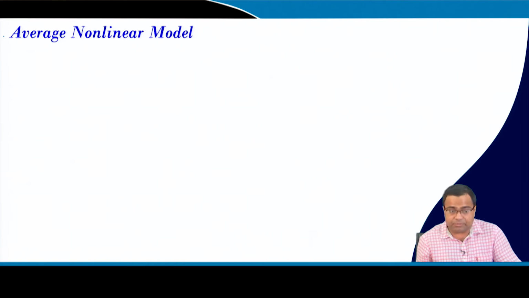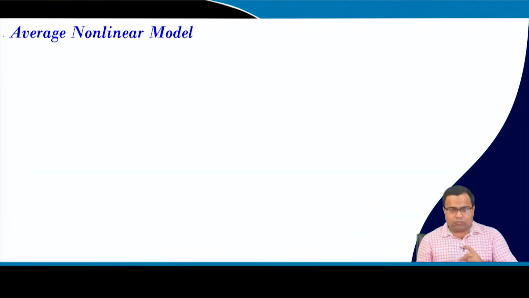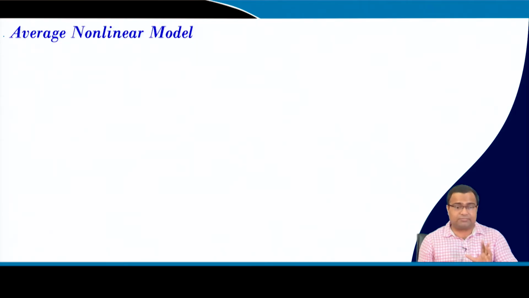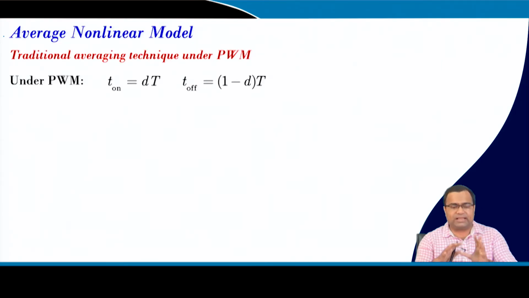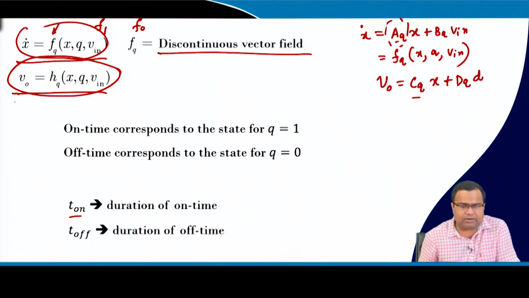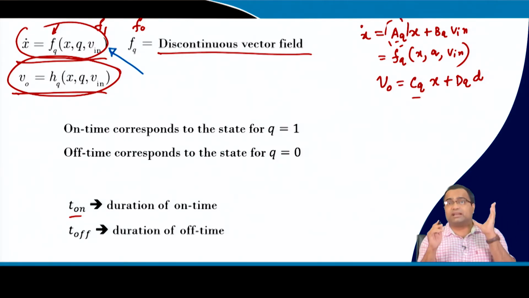So, now before we go for the average nonlinear model, whatever we discussed is that T on and T off, if we take a standard pulse width modulation, is a discontinuous vector field which includes switching dynamics.